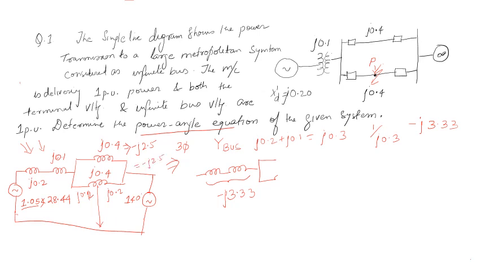Now this is my admittance here, minus j 2.5. As there is a fault, I'll create a fault here, and one half of the reactance comes with the fault.